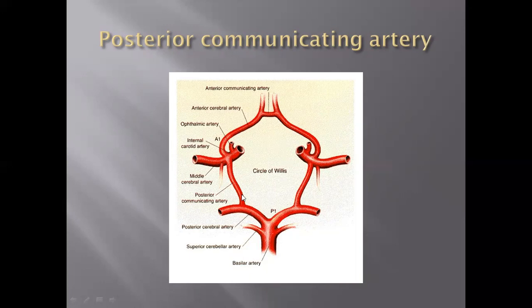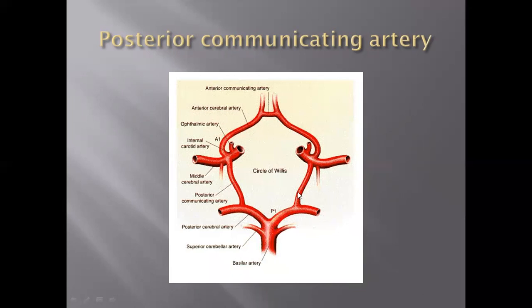The posterior communicating artery is rather slender, right? And it arises from the internal carotid closer to its bifurcation there, right? And it runs backward to join these arteries known as the posterior cerebral arteries, which are terminal branches of the basilar artery. Right?